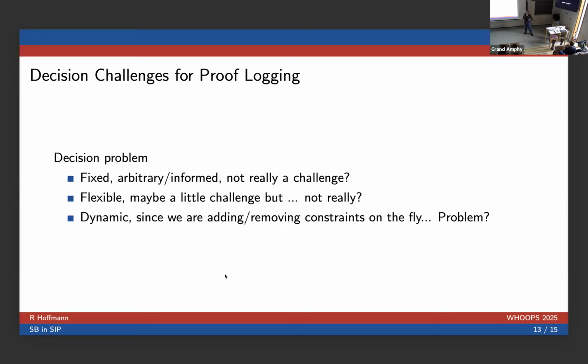The same constraint might be added at one point, removed, and then 4 branches down might be reintroduced because that's the way the symmetries come about, or we completely ignore it for the rest of it and actually switch around to something completely different. So I suspect that even for the decision problem, this might be problematic when we're trying to do proof logging in the dynamic way, the way I've described it here, not any other dynamic symmetry breaking techniques that you've heard of before.